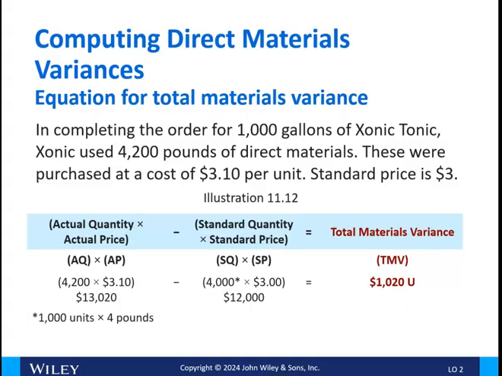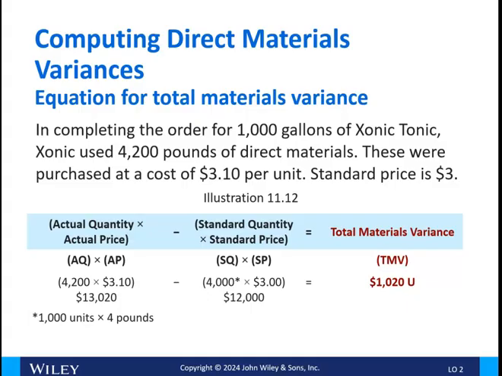Our standard quantity at our standard price is 4,000 pounds. Remember, it's 4 pounds per unit. We had 1,000 units, so 4,000 pounds times $3, our standard price, is $12,000. We had an unfavorable total materials variance of $1,020.